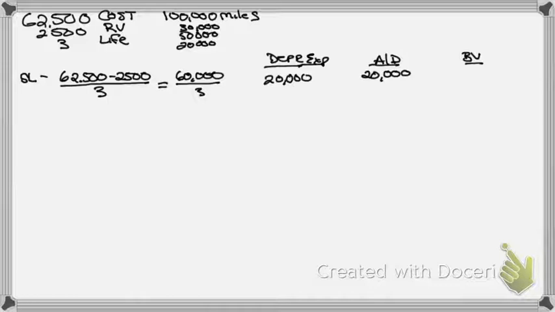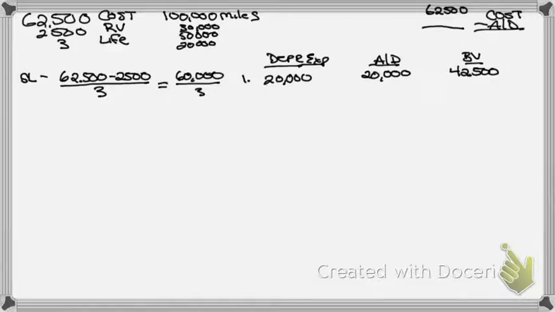And then book value, remember, is cost minus accumulated depreciation. Our cost is 62.5. So 62.5 minus 20,000 is 42.5. That's year 1.